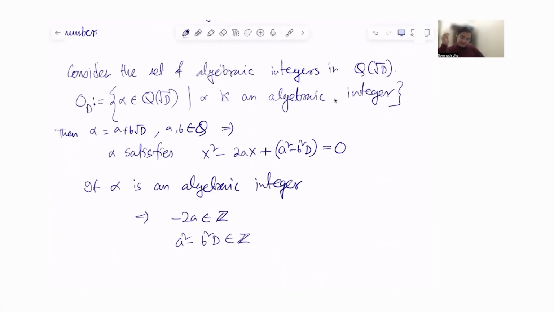So for example, if a, b both belong to Z, then we can see that this condition will be satisfied, and that will imply alpha is an algebraic integer.